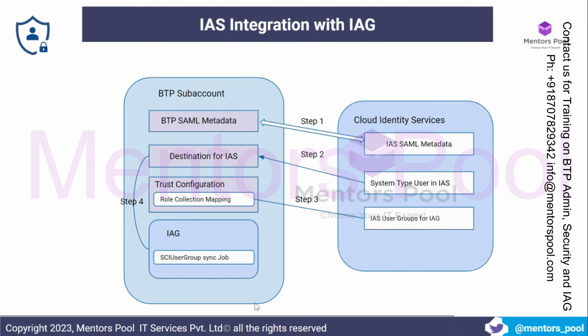That's why there are further steps, which we normally cover in our detailed training. The configuration we did is all you have to do for any application running on top of BTP if you want to use IAS as the identity provider for it. But IAG is a different application, and as per its own requirements, we do further configuration step by step in our real sessions.